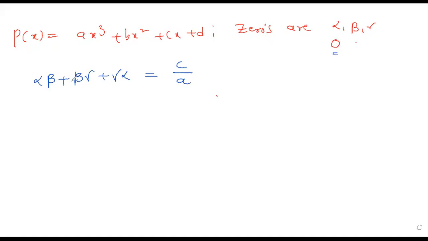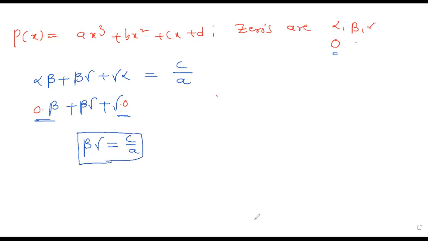So 0 into beta plus beta into gamma plus 0 into gamma. So this is 0, this is also 0. So beta gamma is equal to c by a. This is our answer. Simple.